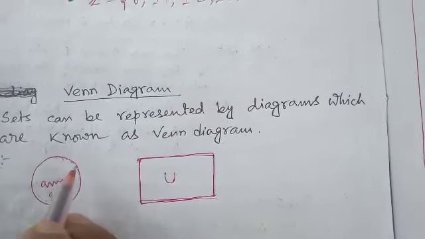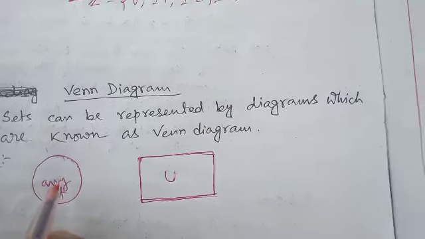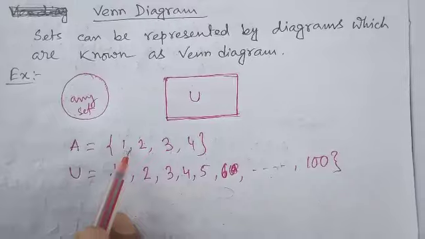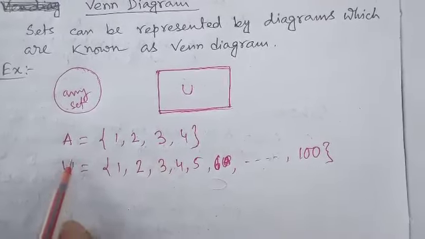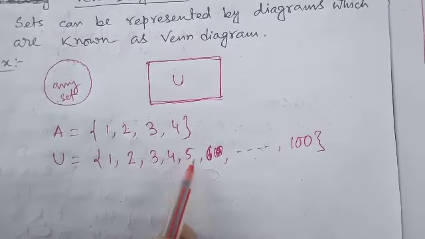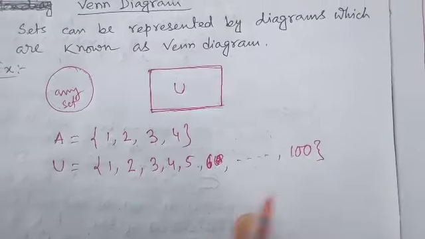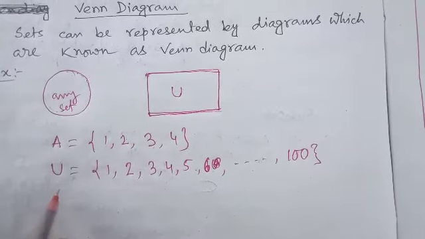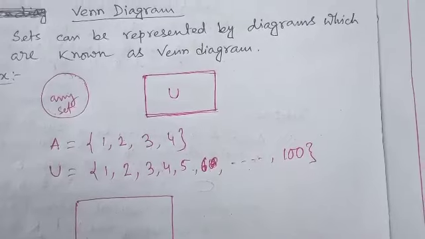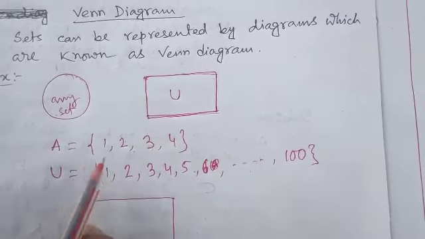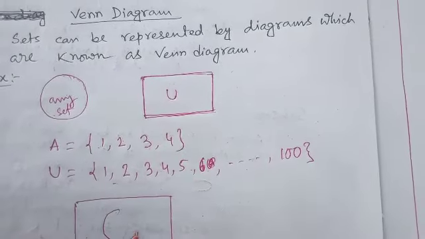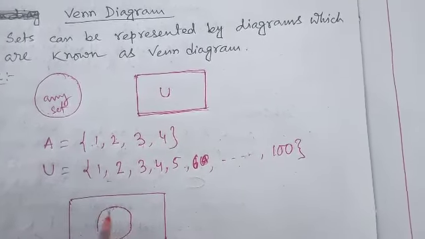The circle contains all elements of that set. Here, if you consider a set A, its elements are 1, 2, 3, 4, and its universal set is U, and its elements are 1, 2, 3, 4, 5, 6, and so on up to infinity. So how do we represent these two sets by Venn diagram? The universal set is a rectangle, and any set is inside it, each element included in this set, so any set will be inside the universal set.